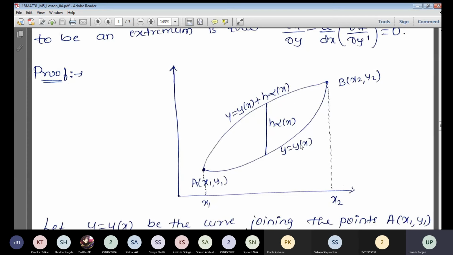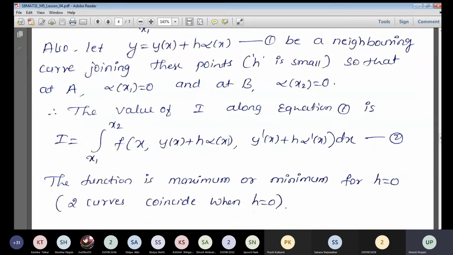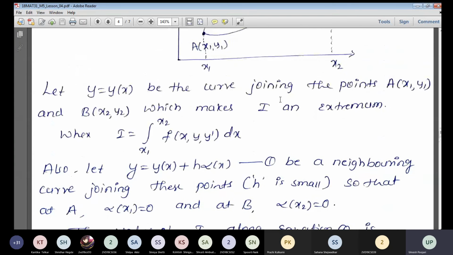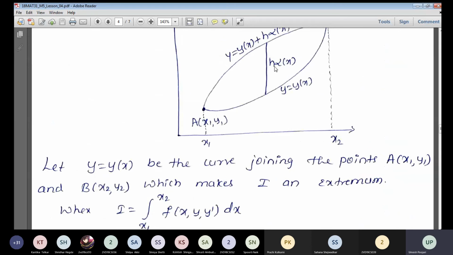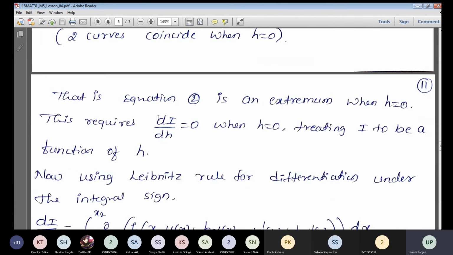Then instead of y of x, we substituted y of x plus h into alpha of x in the integral I. After that, we considered the necessary condition for maximum or minimum. Here, these two curves coincide only when h is 0. Maximum or minimum of this curve depends on the value of h. Therefore, which condition should we have? We should have dI/dh equal to 0. So this is our main condition.